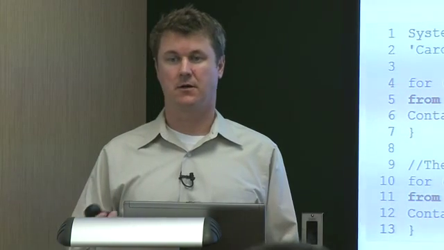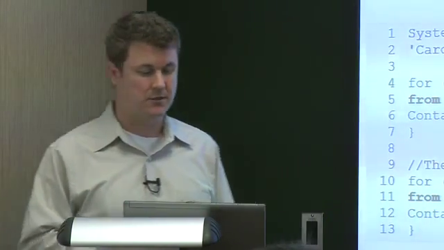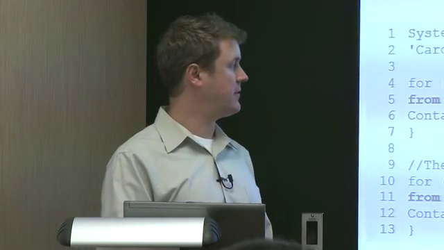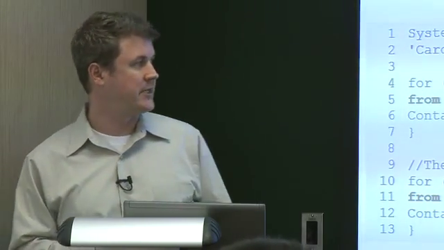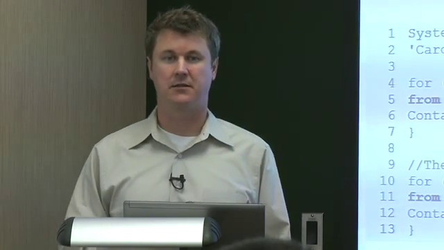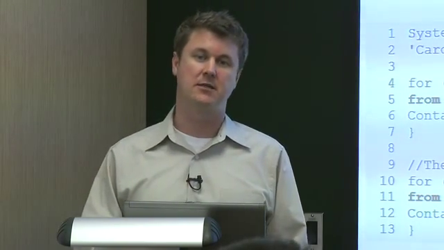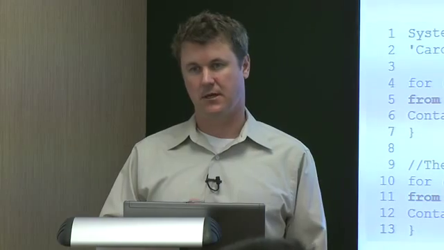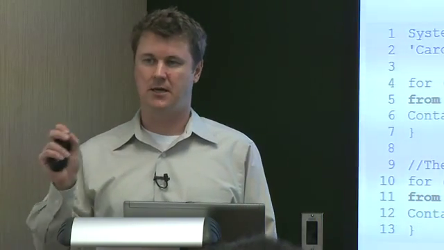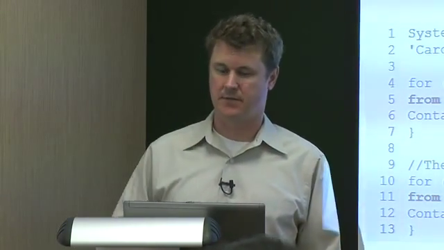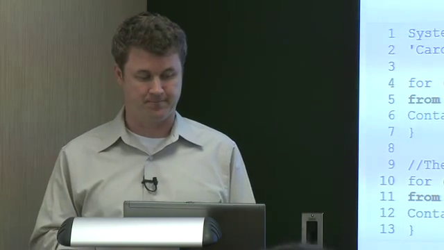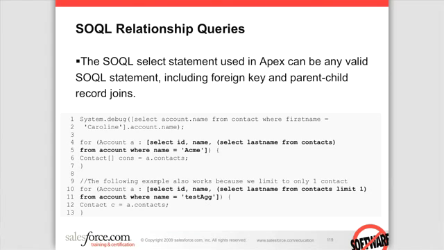So in other words, our children. So we could say select ID and name from the account, but then also for each account, select the last name from each related contact. Okay? We just need to use the parentheses to identify the subquery that we want to perform. And then here, there's another example.